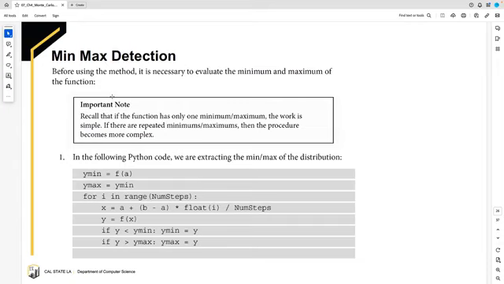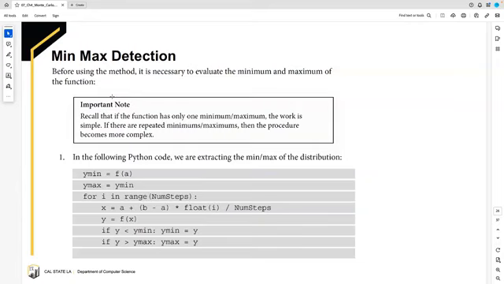So if you have 1 million steps, you're going to start from A, and your delta, your small step, is in fact the range, B minus A, divided by the number of steps, right? So this is showing the step size.